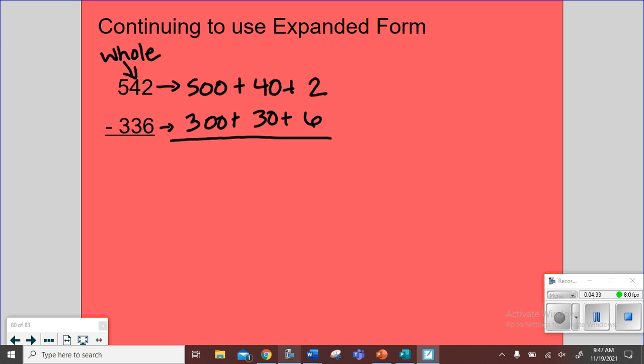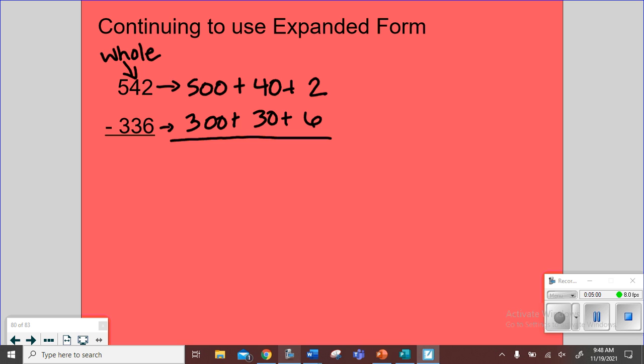In subtraction, does the commutative property work? No. In addition, I could rearrange how I add things. Right? I could say 2 plus 6, or I could say 6 plus 2.